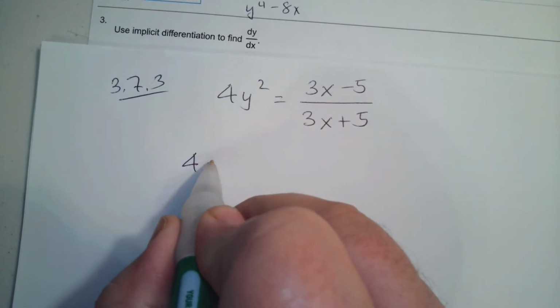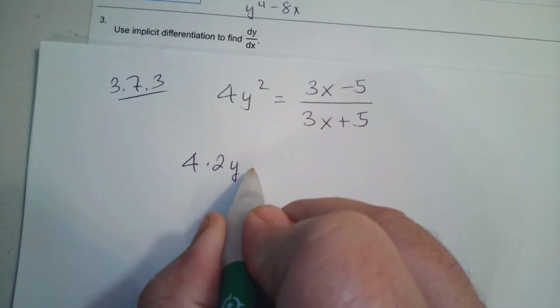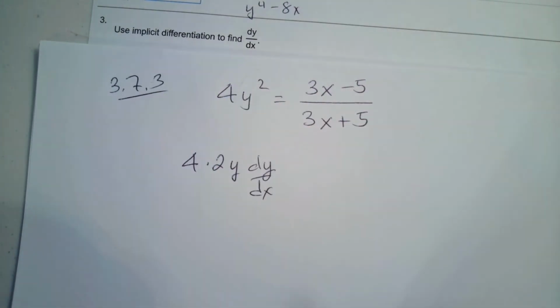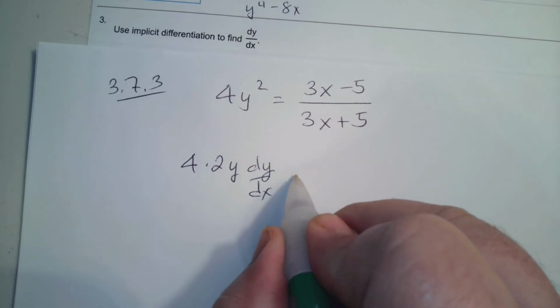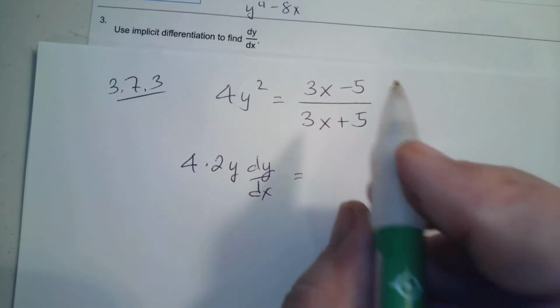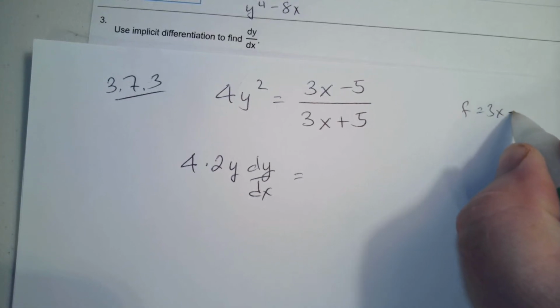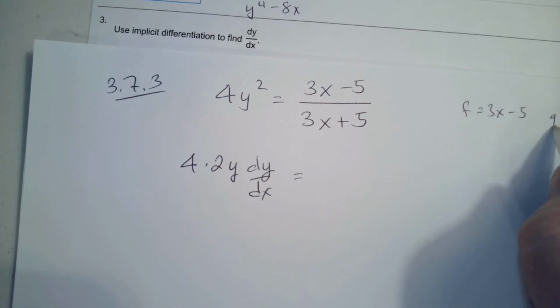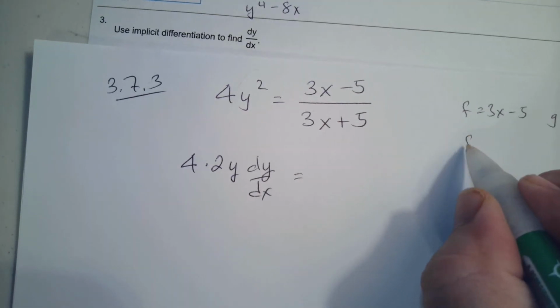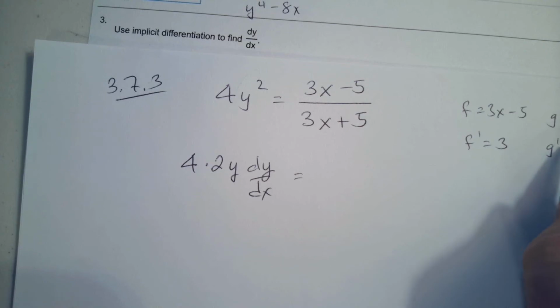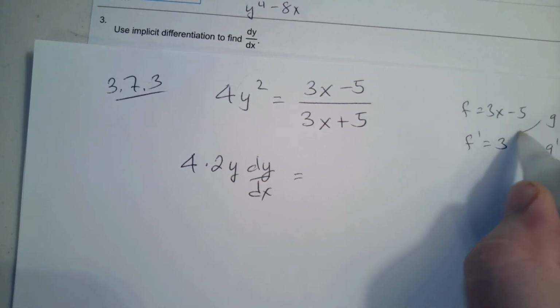So bring down the 2. dy dx. Take a derivative of the y squared. This is f and g, so f is 3x minus 5. g is 3x plus 5. f prime is 3. g prime is 3.